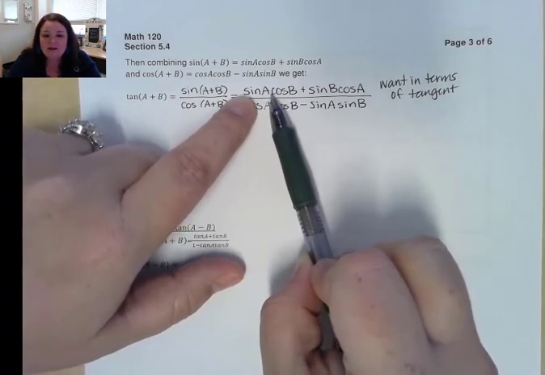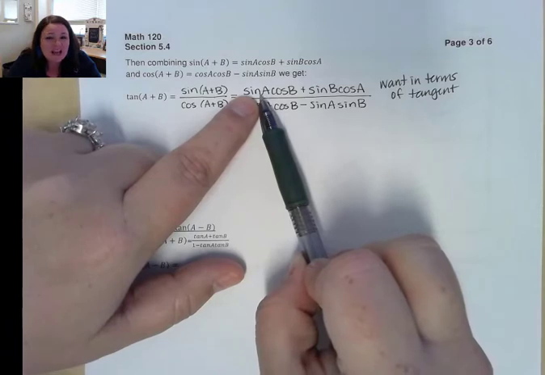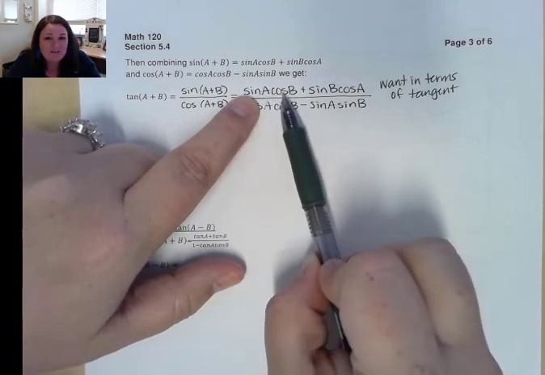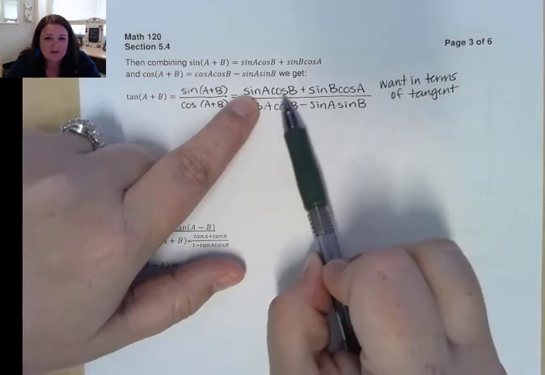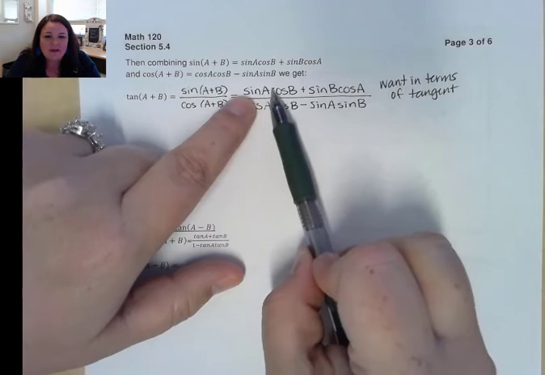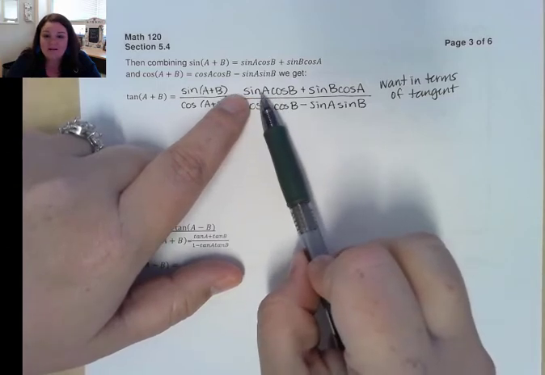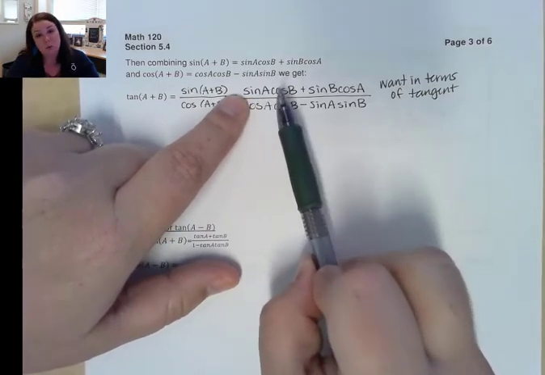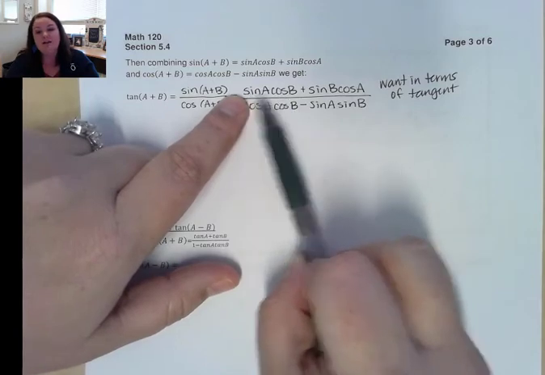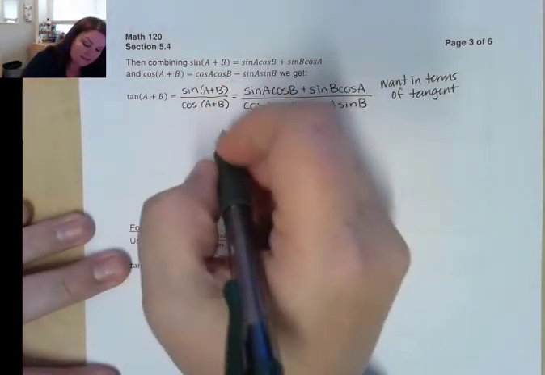So what I need to multiply by is a cosine of A on the bottom, and I also need a cosine of B on the bottom. That way my cosine B will cancel out, and my cosine A on the bottom will make this a tangent A, right? But I can't just multiply this one term by that. I have to multiply the whole top and the whole bottom by that. So I'm going to write it out like this.